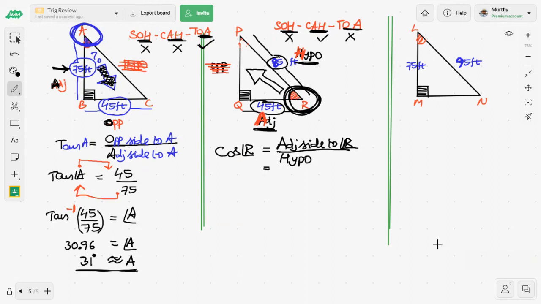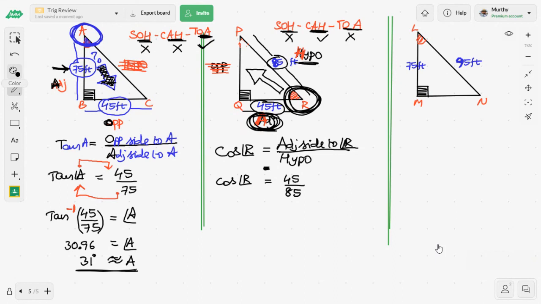Now plug in the values. Cos angle R equals adjacent side. Already I labeled this one as adjacent, which is 45, over hypotenuse. You see that here it is 85 units.